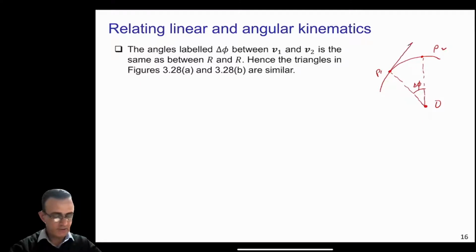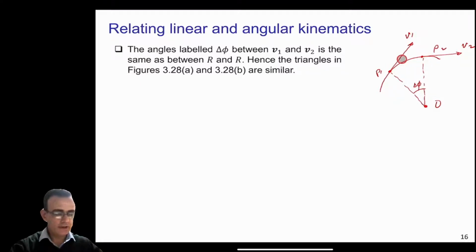We know that the velocity v1 is here and velocity v2 is here. The velocity is always tangent to the circle here.